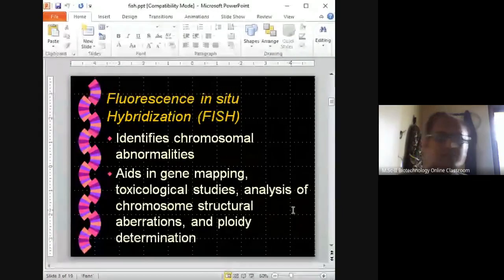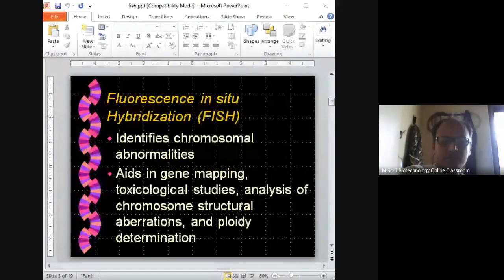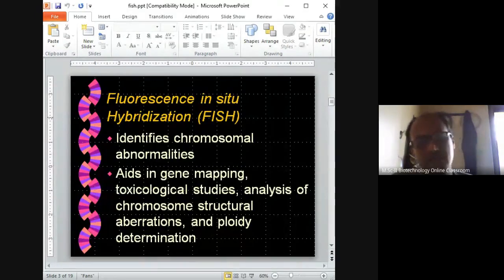You are all aware that these are chromosomal abnormalities. We can study these abnormalities in situ by staining the chromosomes. By staining the chromosomes, one can understand the insertion or the deletion in the chromosome.